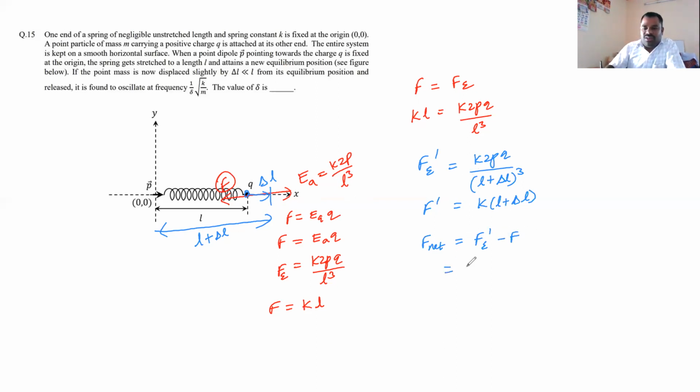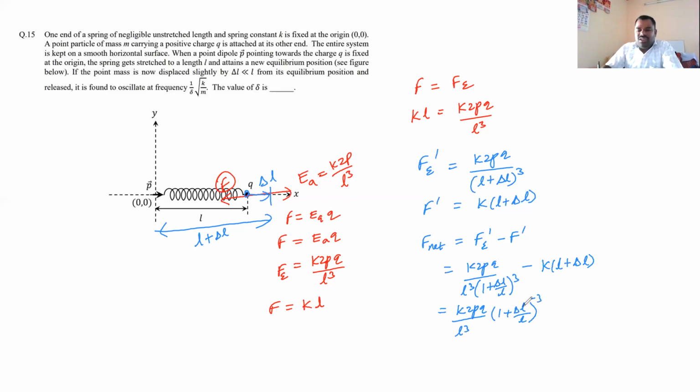The electrostatic force is k 2Pq divided by (L plus delta L) whole cube. Taking L cube common, we get 1 plus delta L by L whole cube, minus this F', which is k into (L plus delta L). Taking the term to the numerator, k into 2Pq divided by L cube into (1 plus delta L by L) power minus 3.